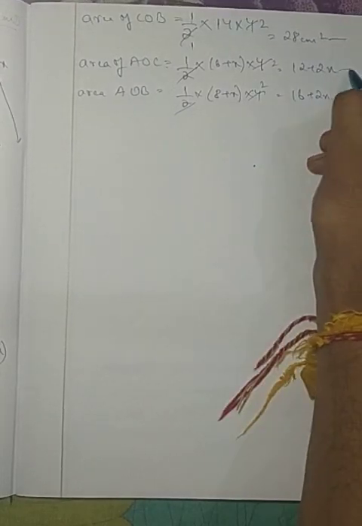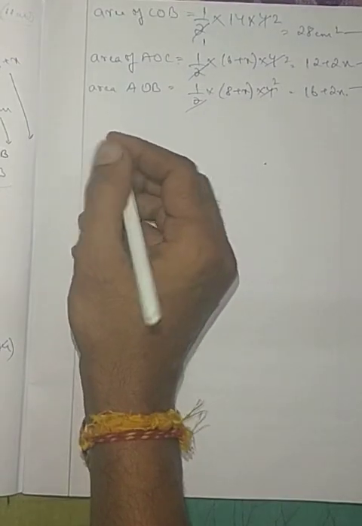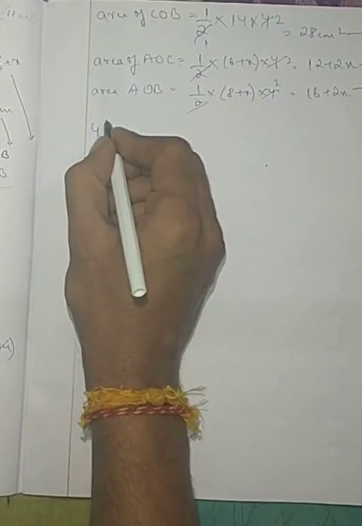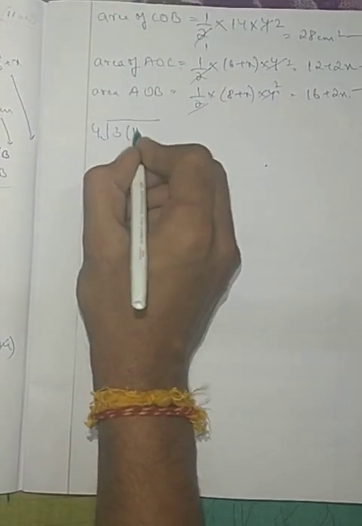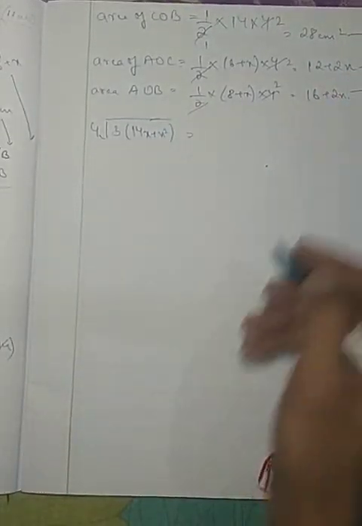You got these three areas and we have the area of triangle ABC. Now put the values in this here. After putting the values, what we will get? 4 under root 3 into 14x plus x square, and on the right hand side we have to add this.